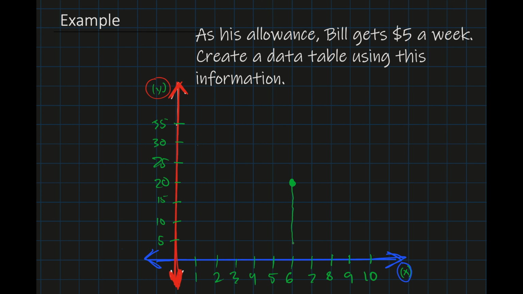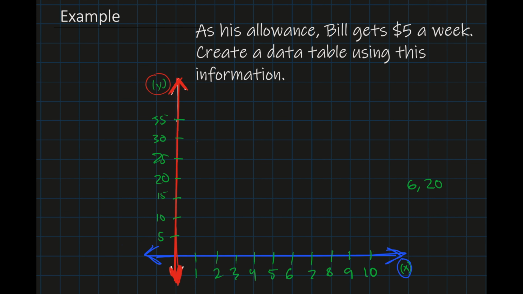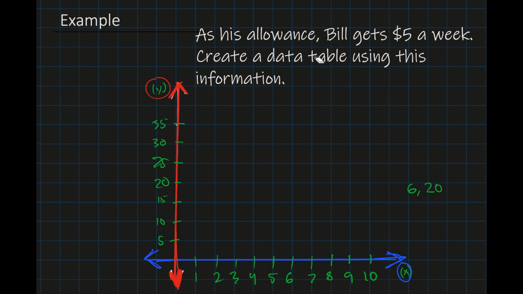That's why it's going to have boxes. And you would see it goes to the 6, so you write down 6. And you draw a line there, and now you have 20. So 6, 20 is what you would write down. Let me erase all that because there was no need for that, but I just want to show you how the graphing system works.